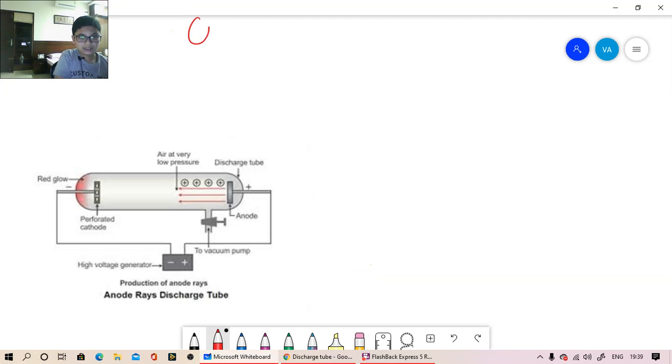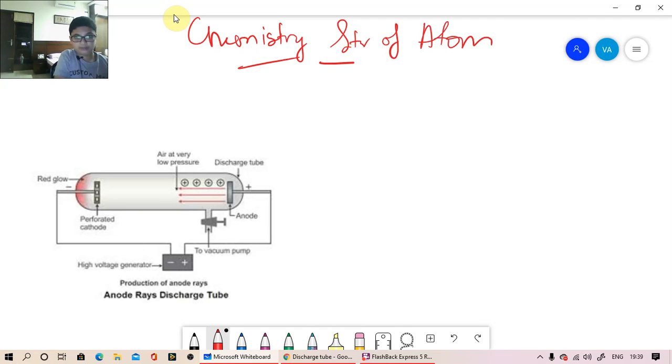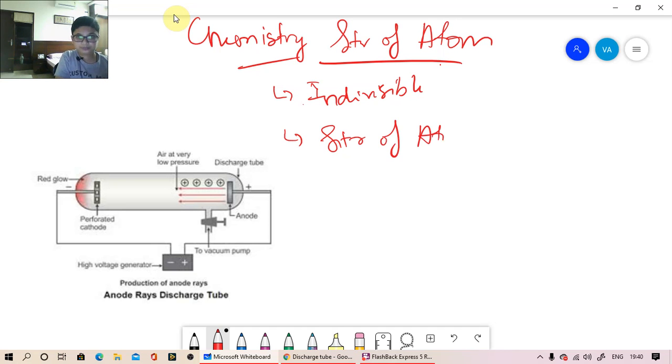Welcome to the chemistry session on structure of atom. So let's start. In the previous session, we got to know that atom is indivisible in nature, and the basic structure of atom.